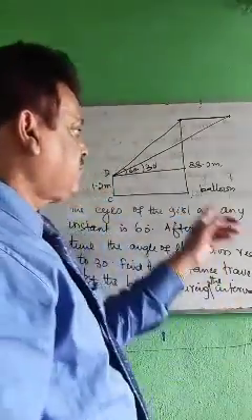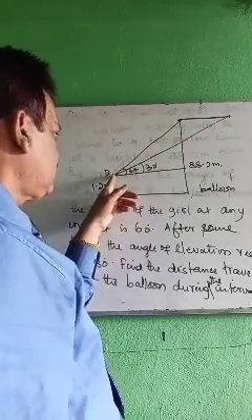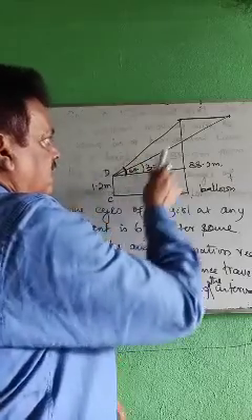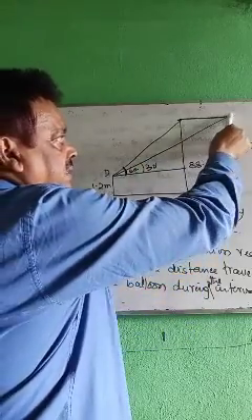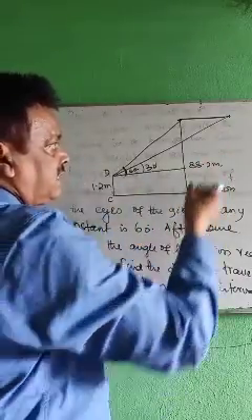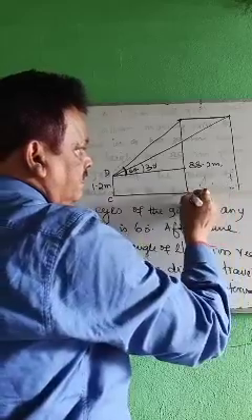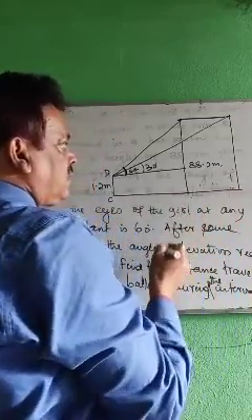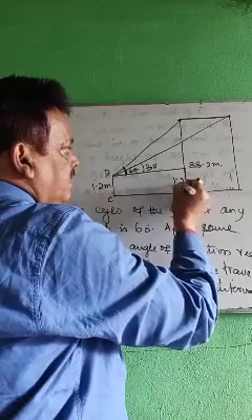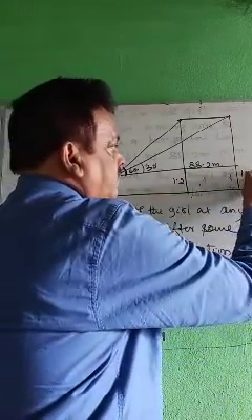Got the point? First the balloon was here, the angle of elevation was 60 degree. So when the balloon is shifted here, the angle of elevation is reduced to 30 degree. What you have to do is drop a perpendicular here. If this is 1.2, this is also 1.2.